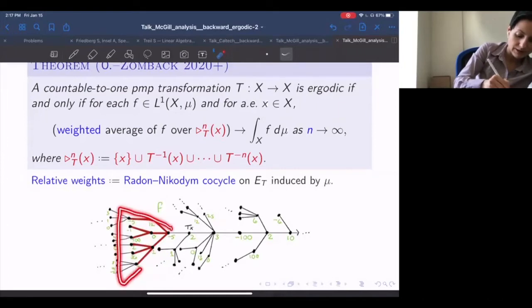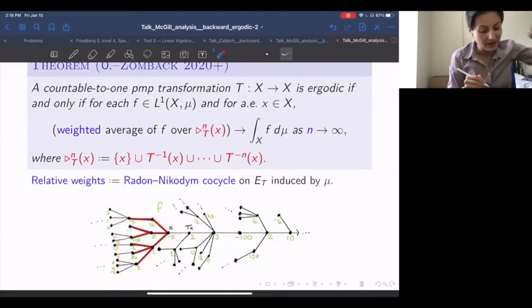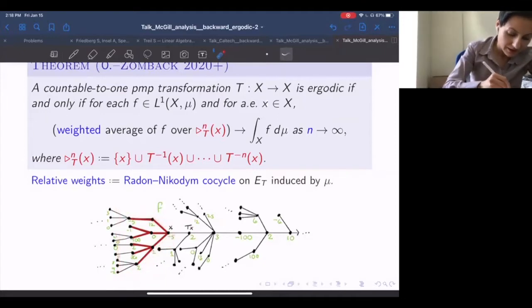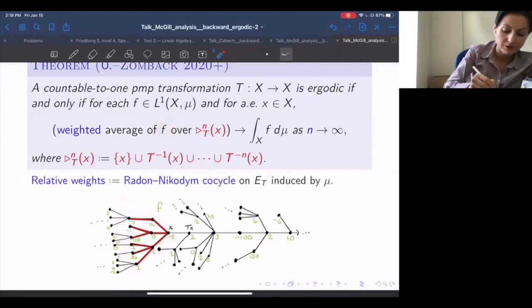So basically you take this complete tree, the triangle behind the point. Then the average of the function in this set converges to the mean of the function.